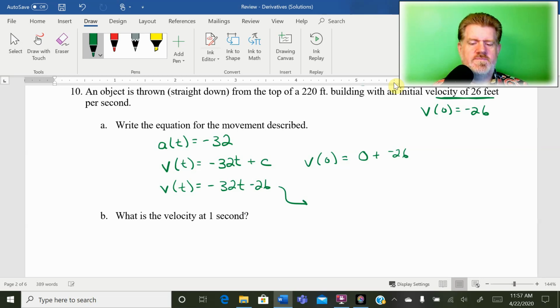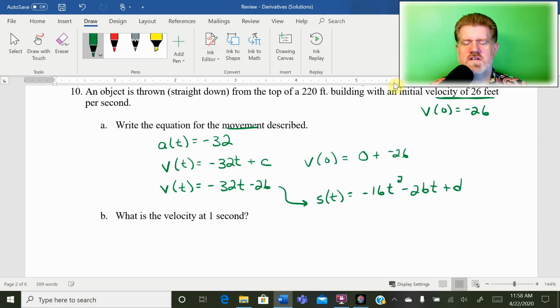Now, we want to know the equation for movement, which is our position. Typically in calc we call it s. I do not know why, but we do. And what function would give this as a derivative? Or what's the antiderivative of this? So remember, take t and raise it by 1, so it's t squared divided by 2. Plus another constant.